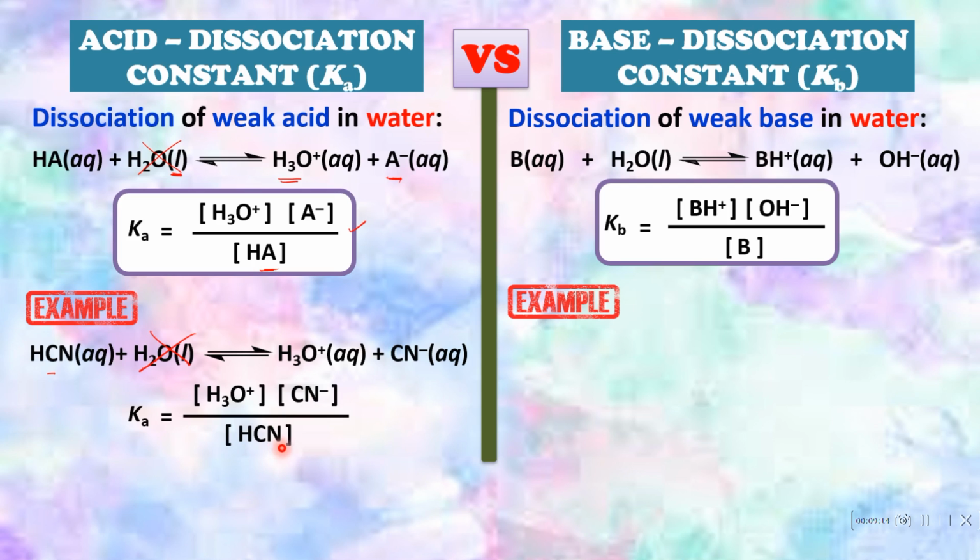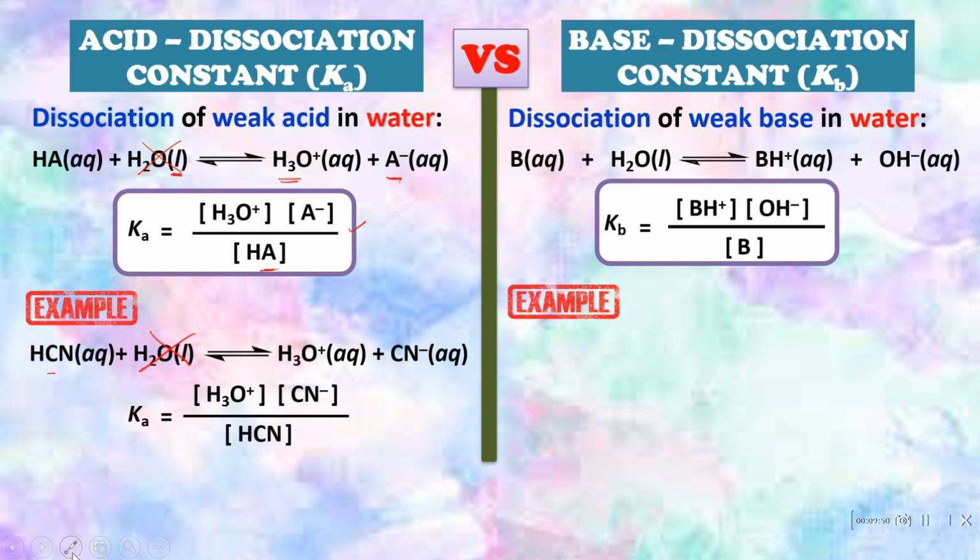Next, the base dissociation constant, or the short form Kb. This is the dissociation of a weak base in water. Let's say B is the weak base. When it dissociates with water, it will not dissociate 100%, which is why you have to use a reversible arrow here. The base will accept a proton from water, and it will become BH plus aqueous and OH minus ion.